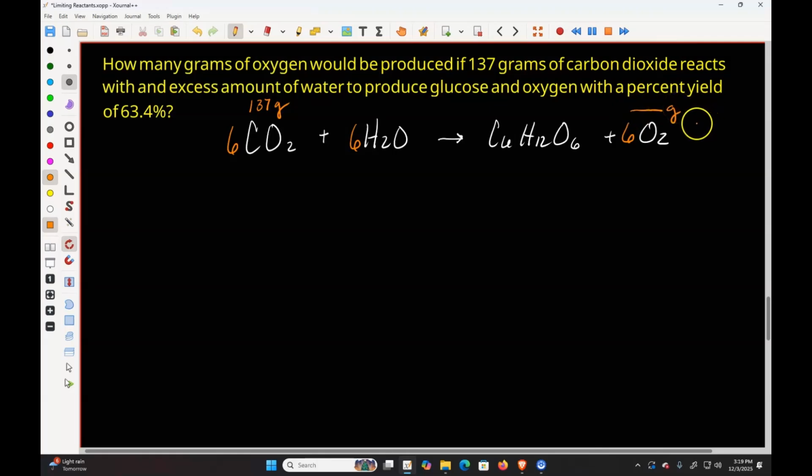But I'm also given that I have a 63.4% yield. So what we must do is solve for our theoretical. So we'll take our 137 grams of CO2.